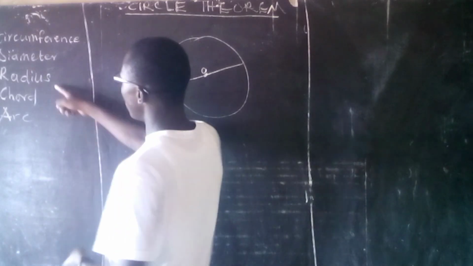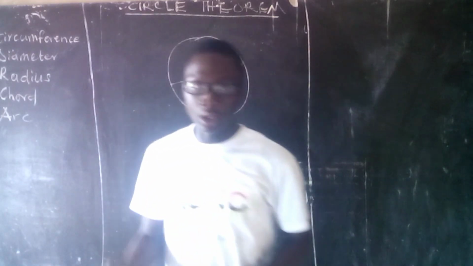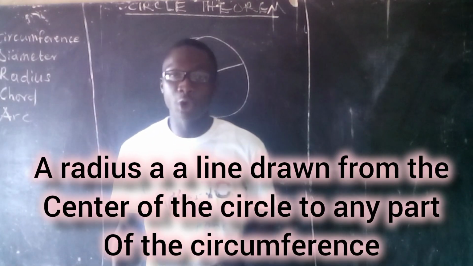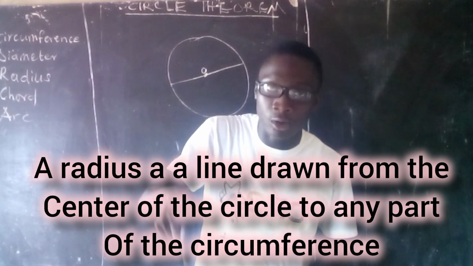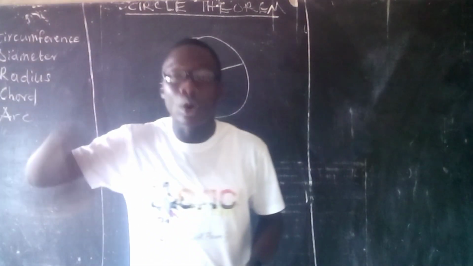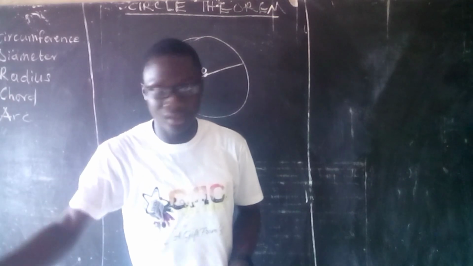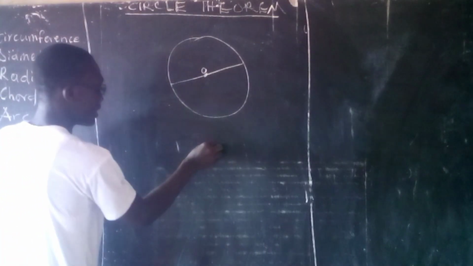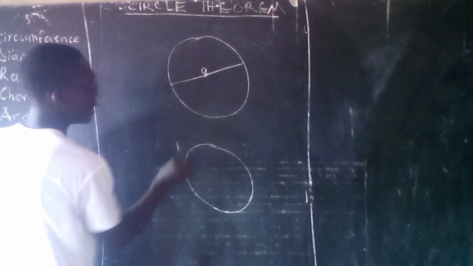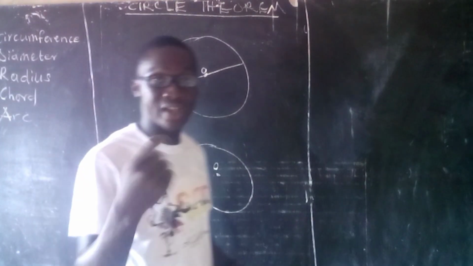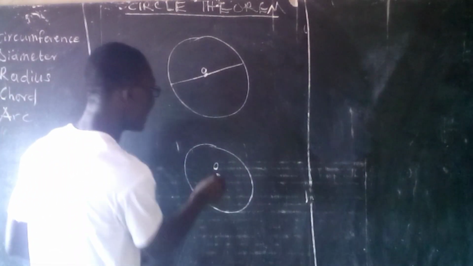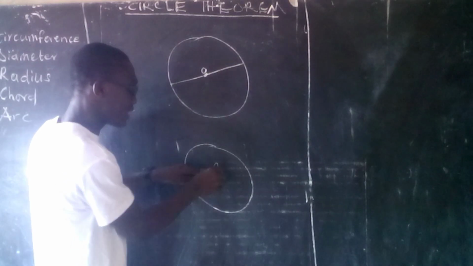Okay, now radius. So what is a radius? A radius is also a straight line drawn from the center of the circle to one end of the circumference. So let's say our circle is here, and we have the center O. The radius is a straight line drawn from the center.